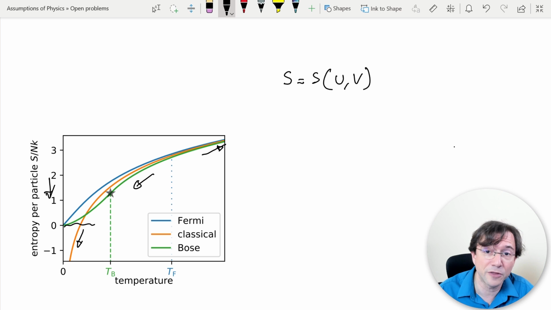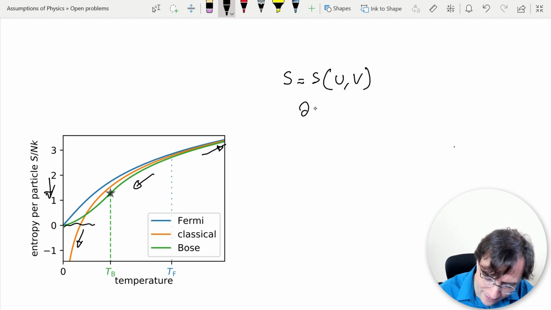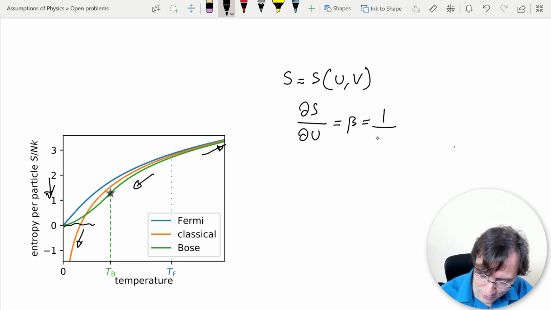Because these are the extensive quantities. And the intensive quantities, like the temperature, are recovered by doing the derivative of the entropy with respect to the corresponding extensive quantity. So if you look at the derivative of entropy with respect to the energy, you're going to find that this is called beta, which basically turns out to be 1 over kBT. So beta is the inverse of the temperature.